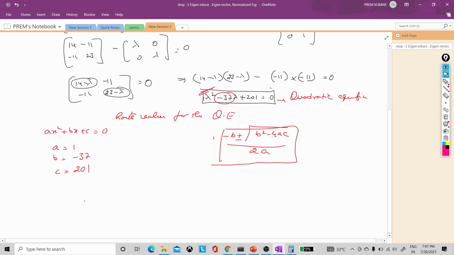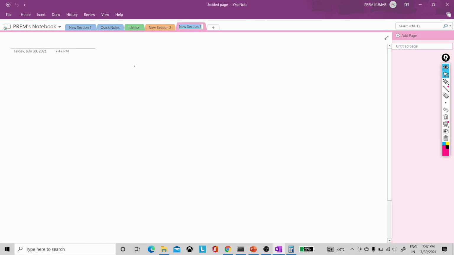We have to calculate the root values from this formula, so we can substitute these values. I will write the formula again: minus b plus or minus root of b square minus 4ac, by 2a. A will be 1, b will be minus 37, c will be 201.